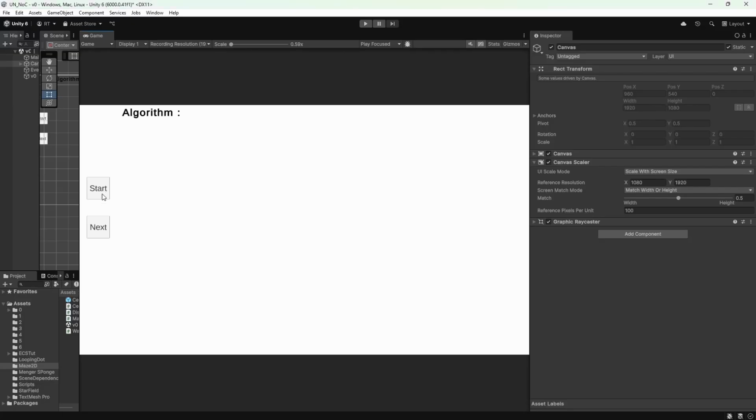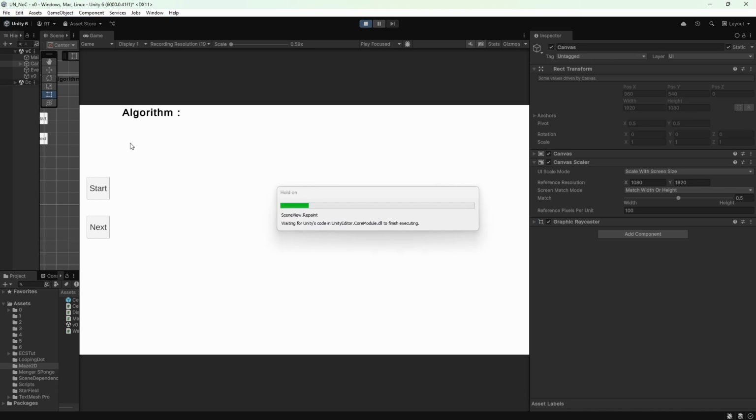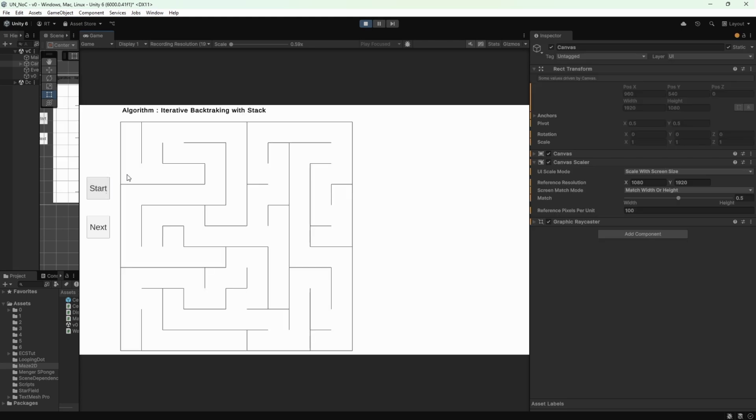This is the simulation of all three maze algorithms done in Unity. Initially we have the iterative backtracking algorithm with a stack. We have a grid, then we apply this algorithm in order to create a maze.